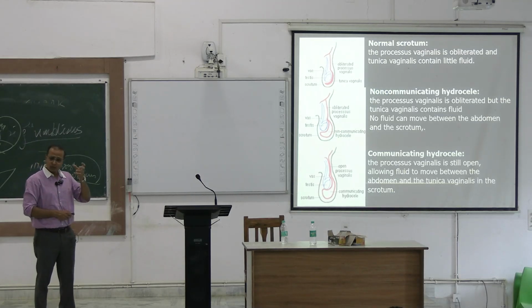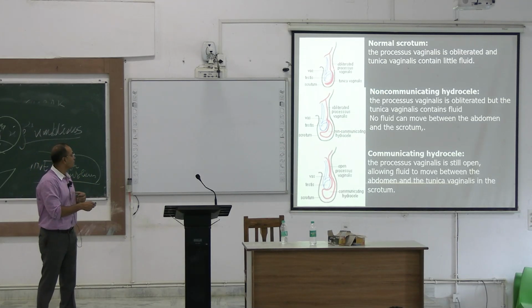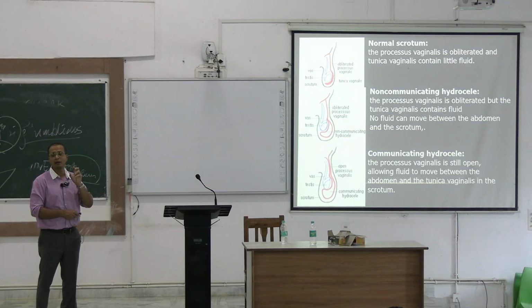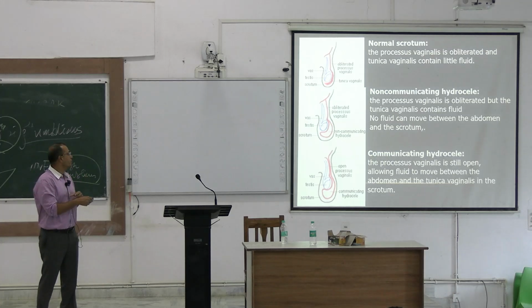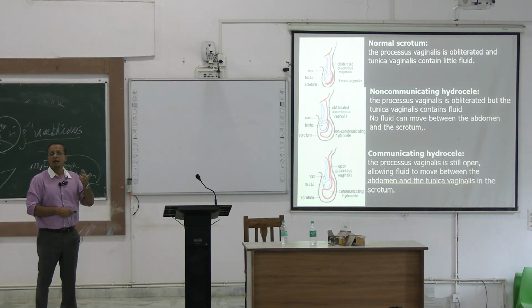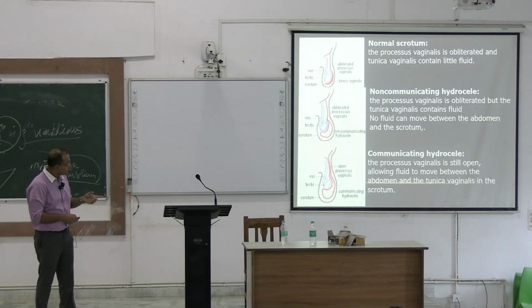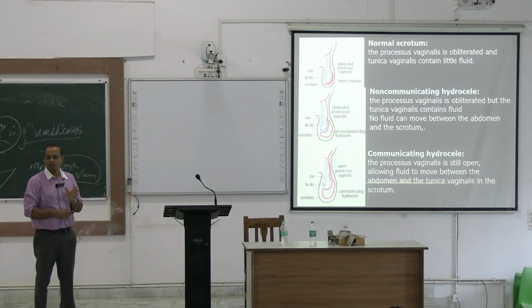Other than this, these structures come along with a fold or pouch of the peritoneum covering the testicles, the processus vaginalis. It may bring coils of intestine, or it may bring fluid inside. If it brings fluid and settles down in the scrotal sac, we call it a hydrocele. If it is congenital, we call it a congenital hydrocele. Now, if the processus vaginalis contains coils of small or any intestine, we call it a hernia, an inguinal herniation.